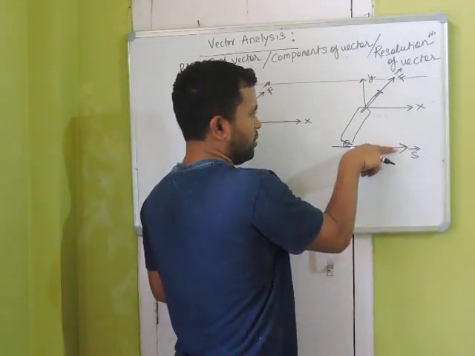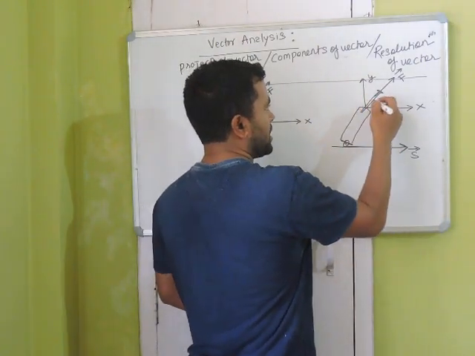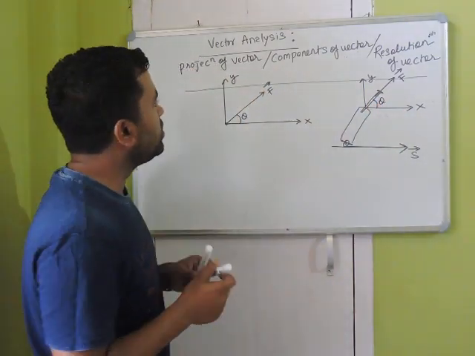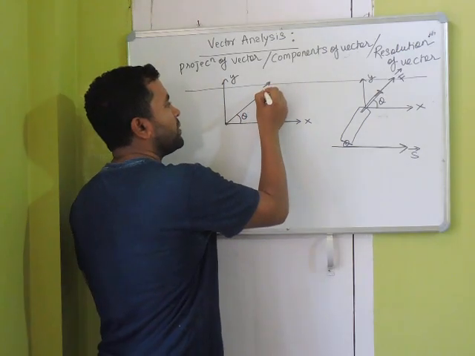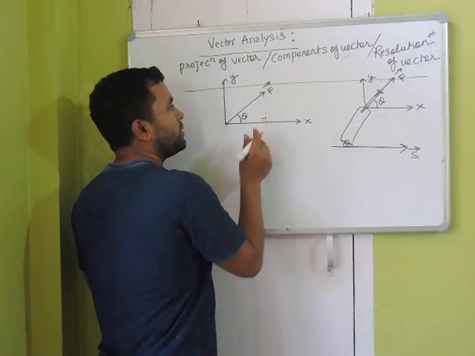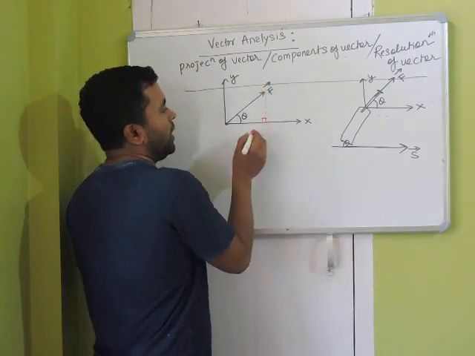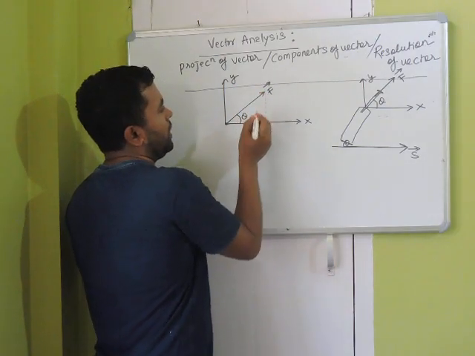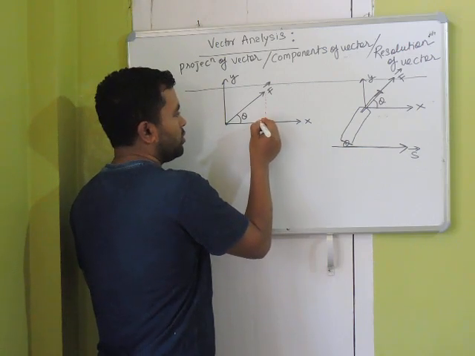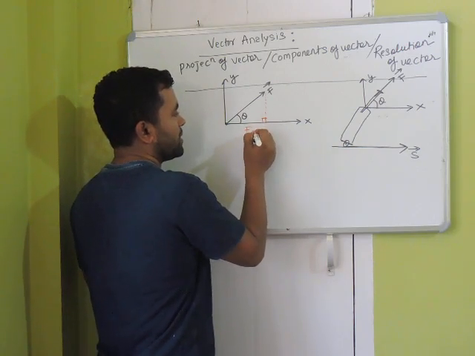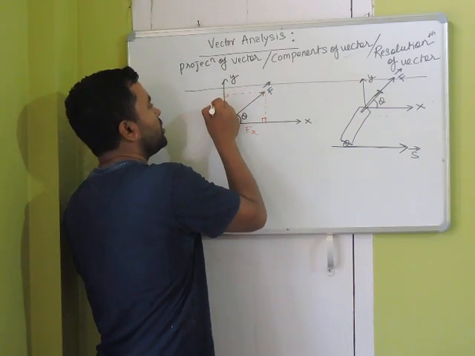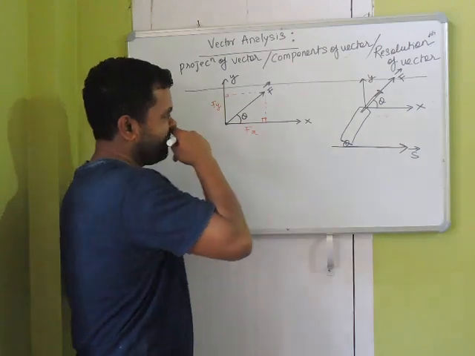Suppose this is the ground, this is a line parallel to the ground, and this angle is theta. Now what you do is drop a perpendicular from the head of the vector. So this is one perpendicular on x, and I am going to call this force Fx, and let us drop a perpendicular on y, and I am going to call this force Fy.